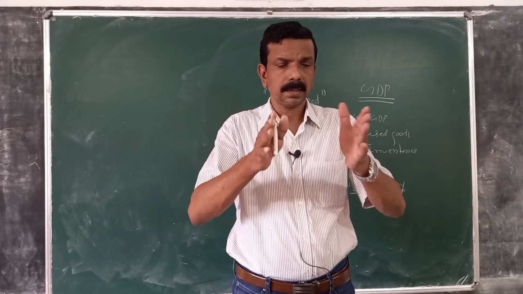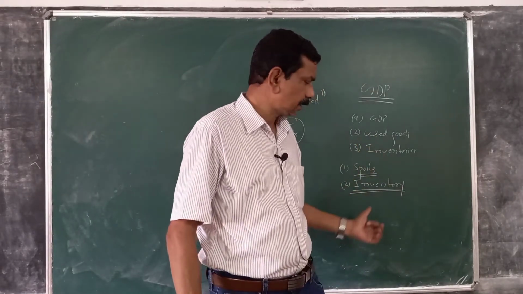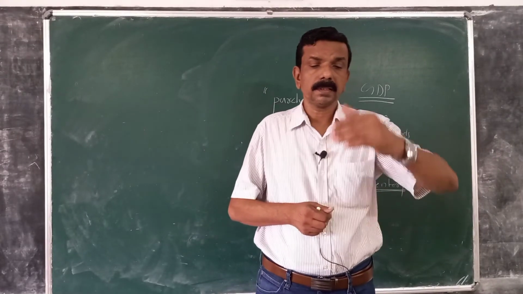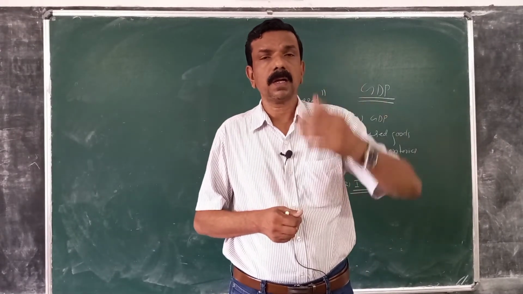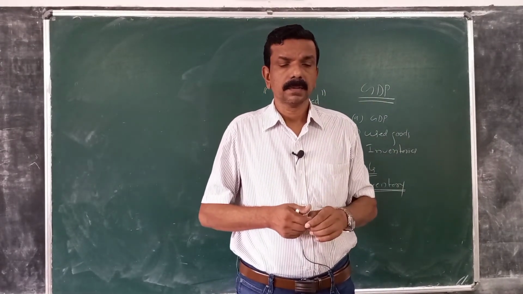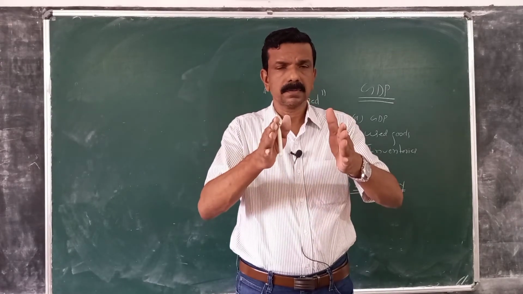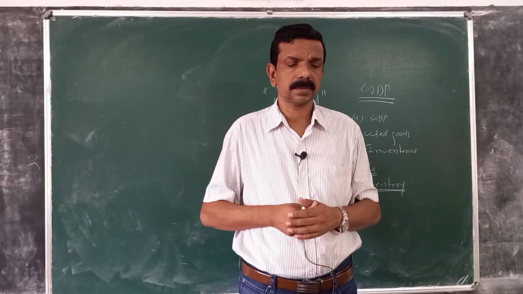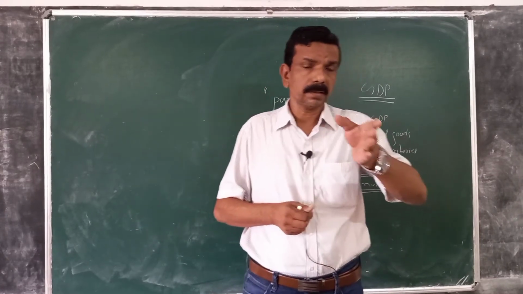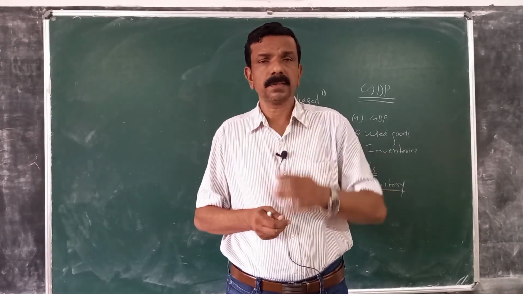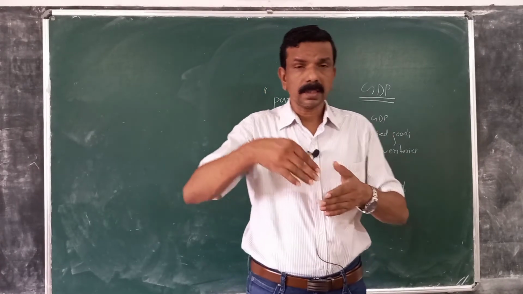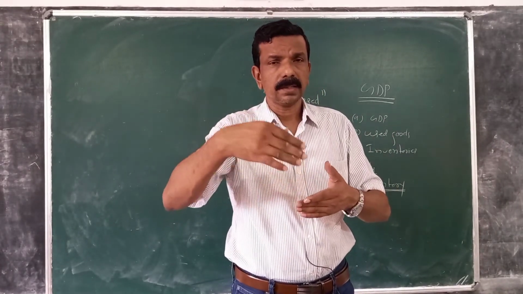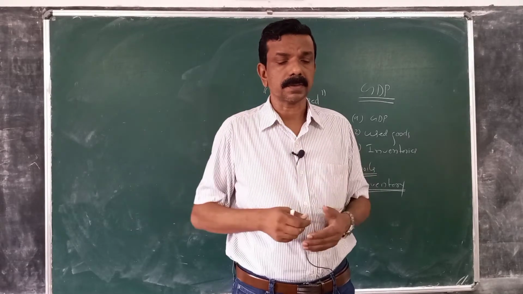And a fourth consideration is intermediate goods and value added. As we have discussed, we will include only the value of final goods and services. The reason is the value of intermediary goods and services is already included in the value of final goods and services.